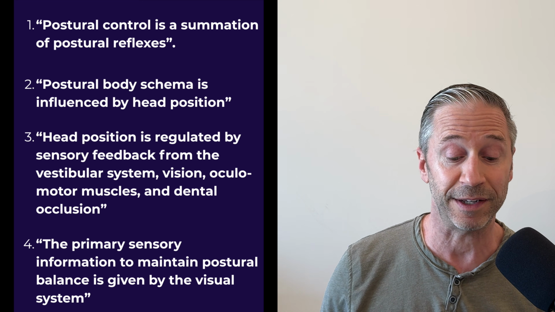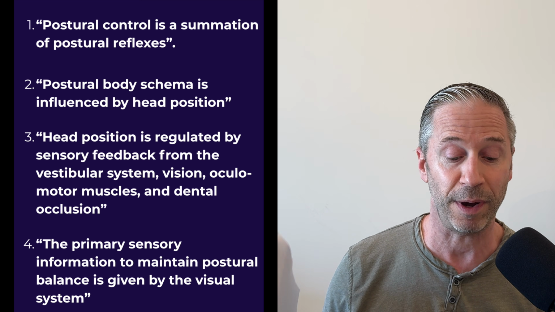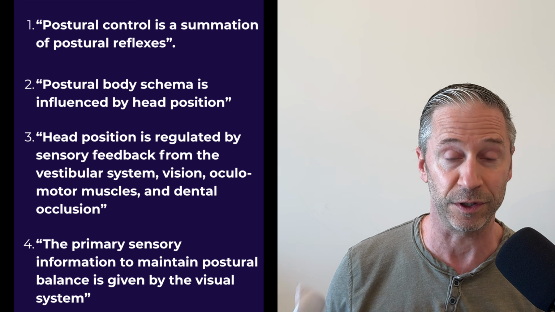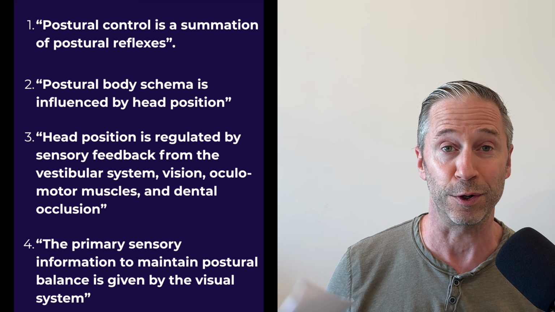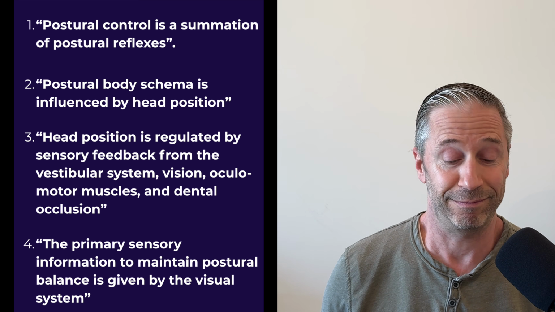The primary sensory information to maintain postural balance is given by the visual system. That has been known for 50, 60 years. So that is what is in control of your upright posture and obviously your movement. So for this video, the important thing is head position.